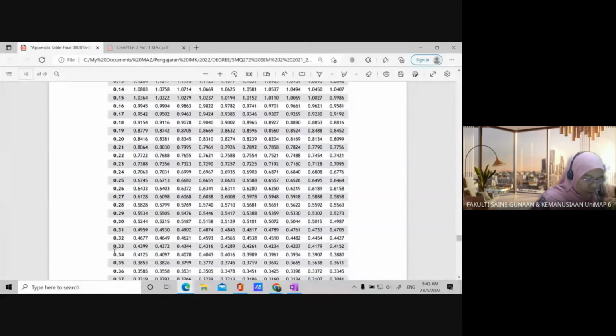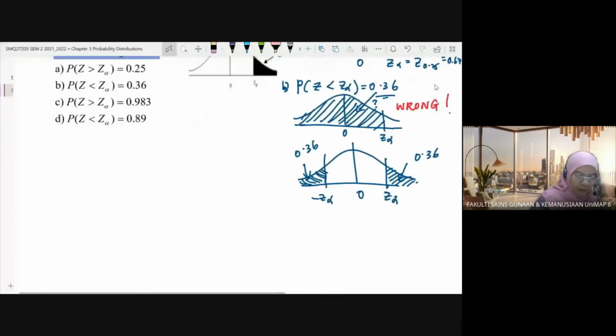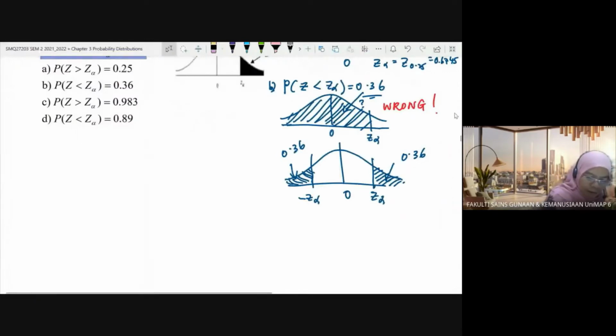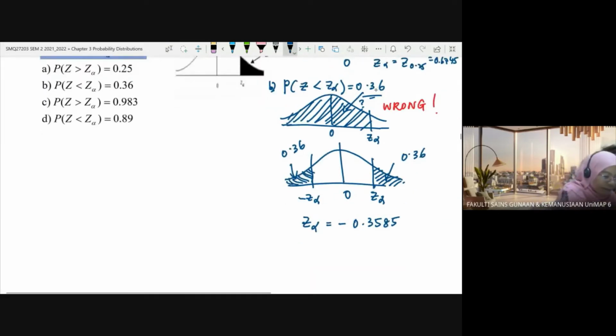Oh, 36 directly, sorry. Here directly. Sorry. In the first column it is 0.3585. So the value that you are looking for, Z alpha, is equal to negative 0.3585. Okay, what about question C?